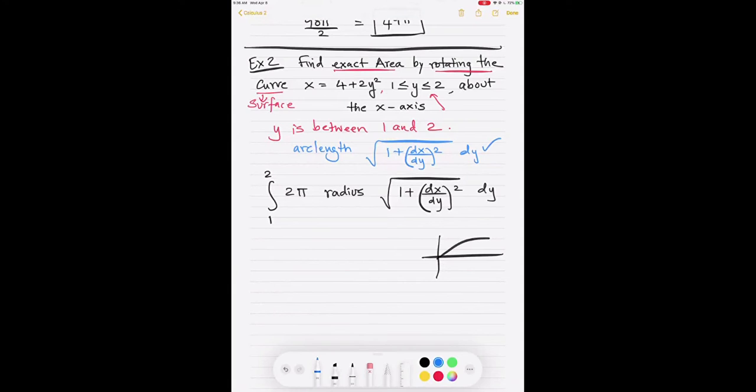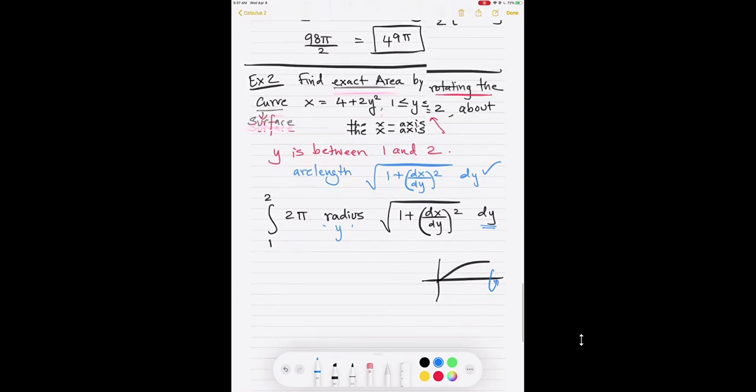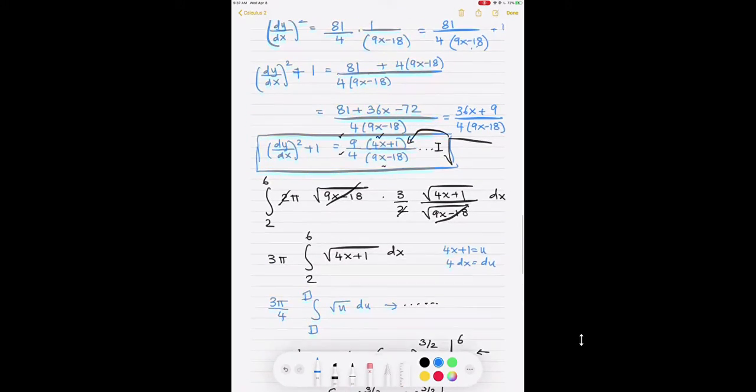Now, if we're going about the x-axis, Russell, sorry, the radius would be? y? There you go. So the radius is y. So now I'm going to say, okay, I've got the radius to be y. I'm integrating with respect to dy. So tell me, people, do I need to change this y then? Just like I did in the other problem. Here the radius was y again, right?